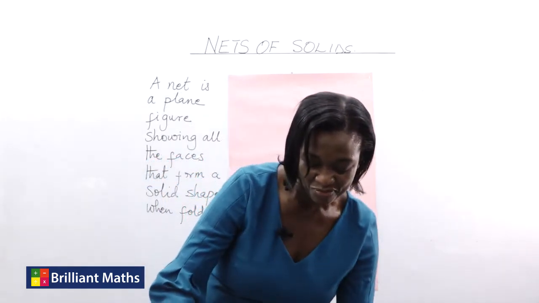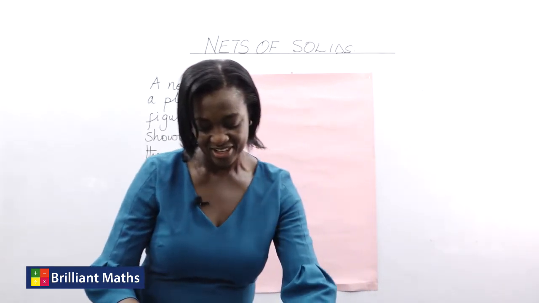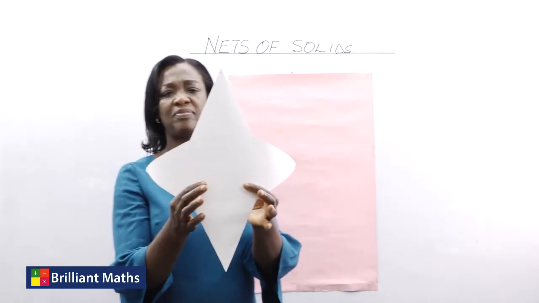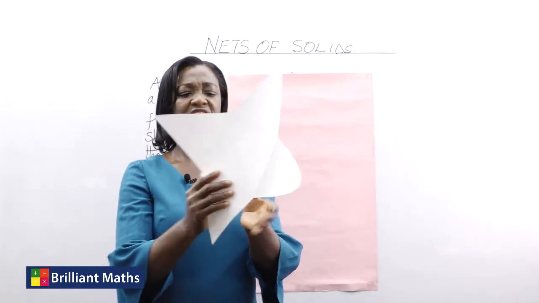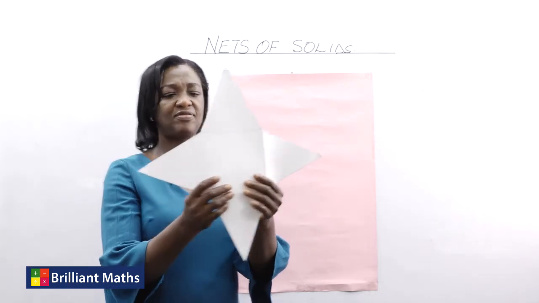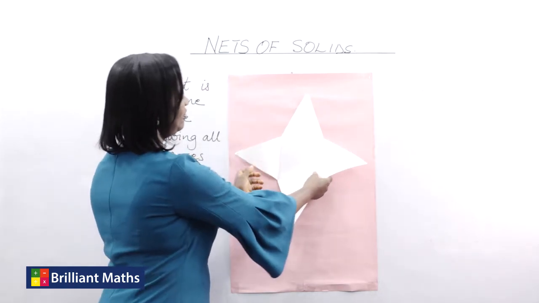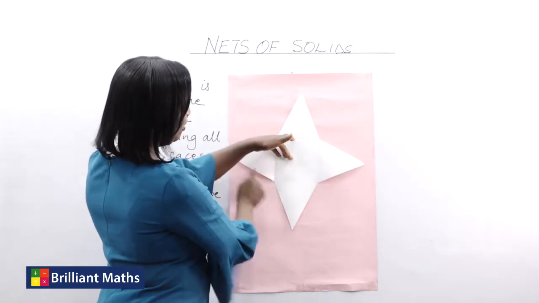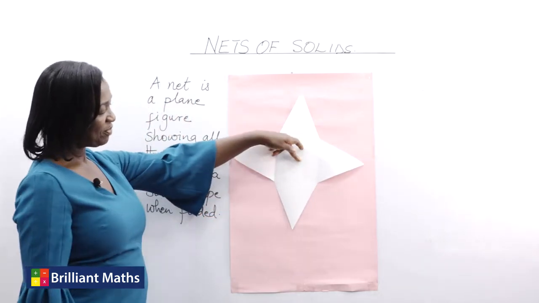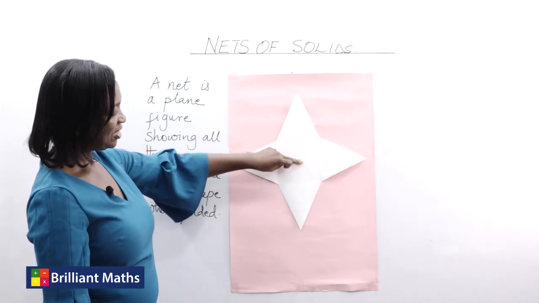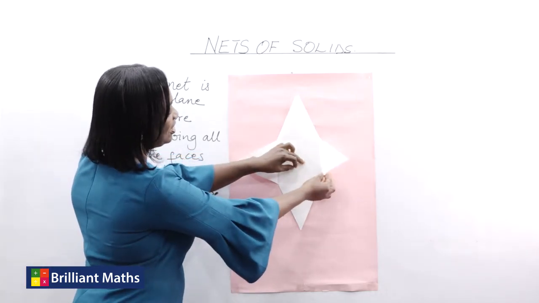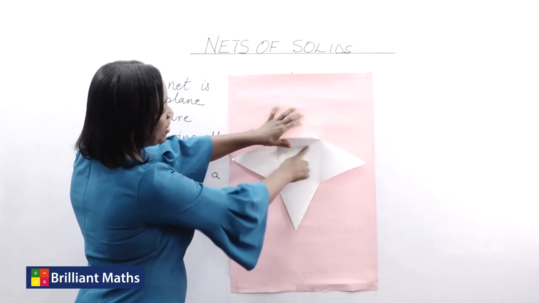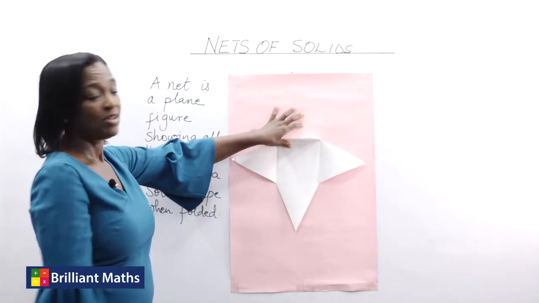Next, let us look at this net. What does it look like? How many faces does it have? It has 1, 2, 3, 4, 5. But there's something peculiar about it. The side faces are triangles, but the base is a square.